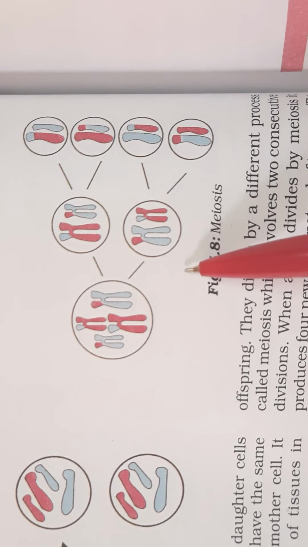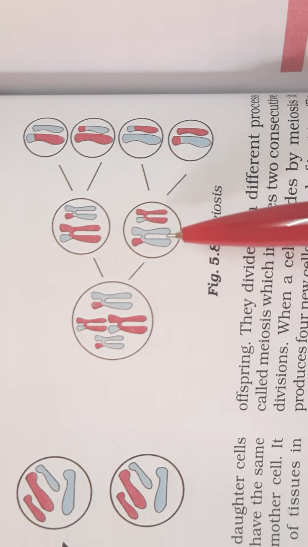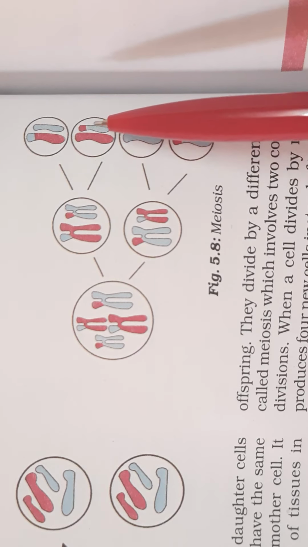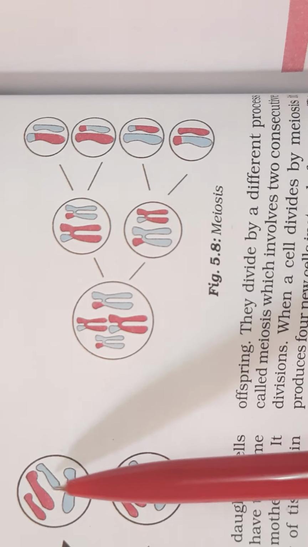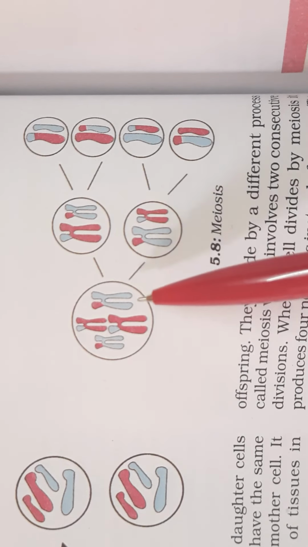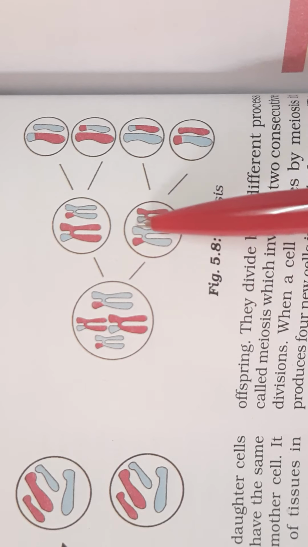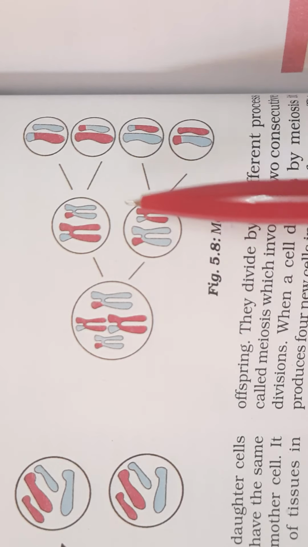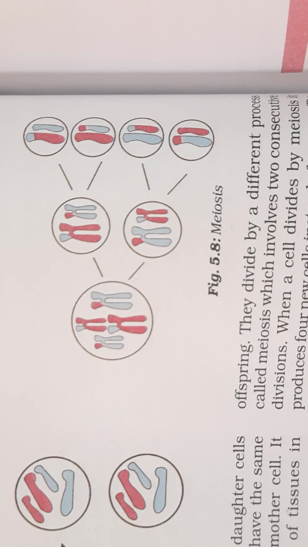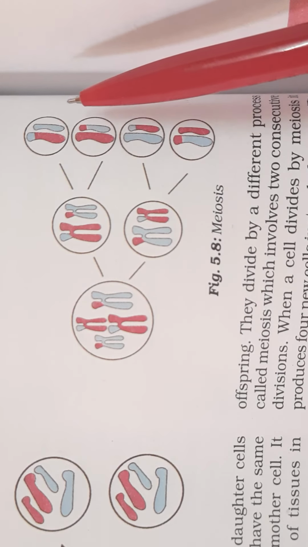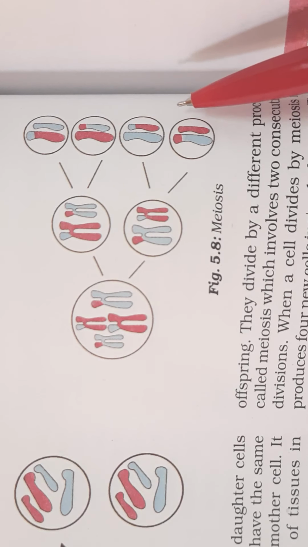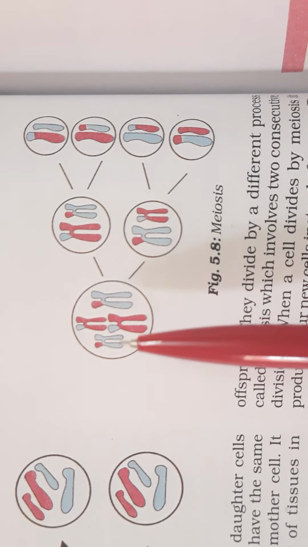So when a cell divides by meiosis, it produces 4 new cells instead of 2 cells. In mitosis only 2 cells were produced, but here since there are two consecutive divisions, in the first division 2 cells, in the second division 4 cells are formed, and the new cells which are formed have only half the number of chromosomes of the mother cell.